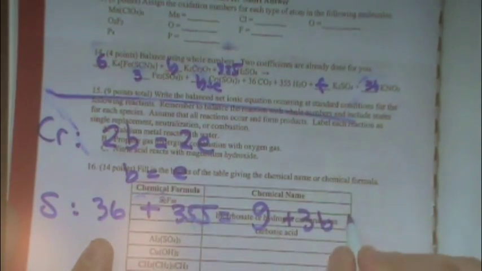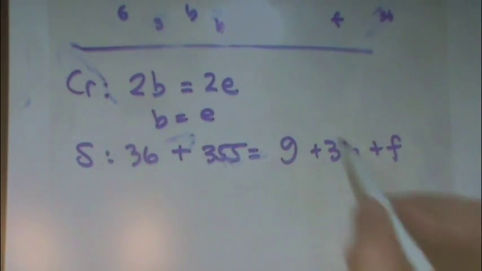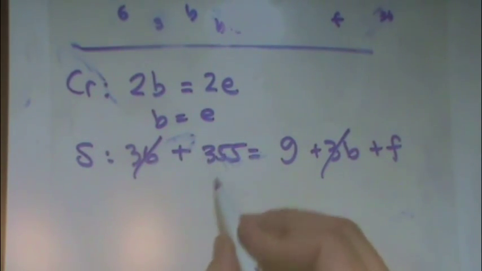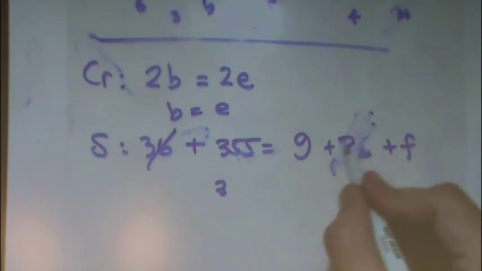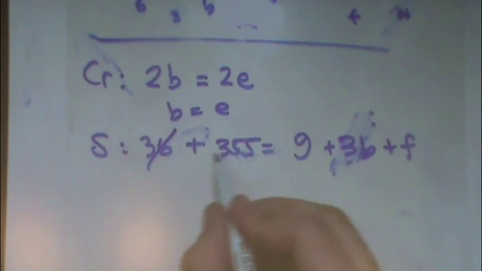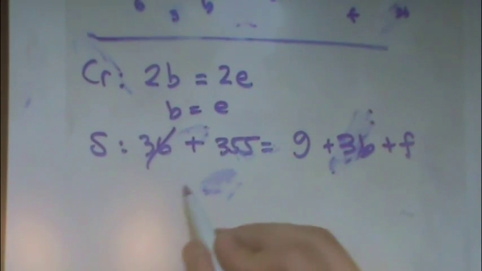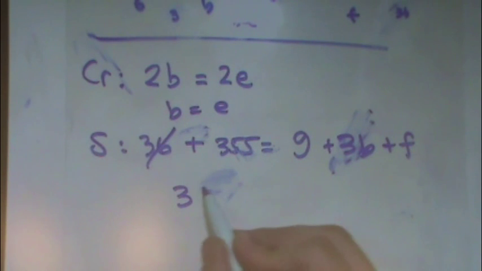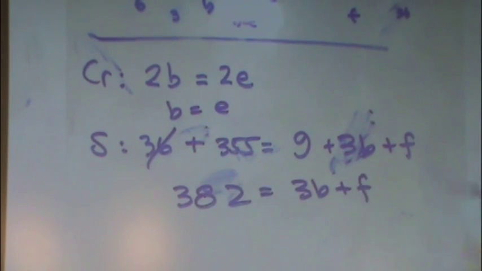Oh yeah, plus F. Oh wow. What's that minus that? What's that minus 9, I guess? Okay, that sounds good. 3B plus F. Okay.